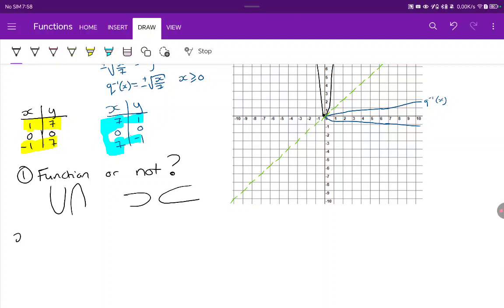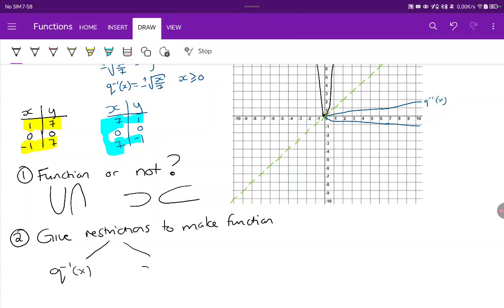So I need you to be able to give restrictions to make it a function. Now, when you give restrictions, you will start with the blue one. You will start with the q minus 1 of x, but it applies to both of them. You can't have a restriction on only one. It has to be on both.